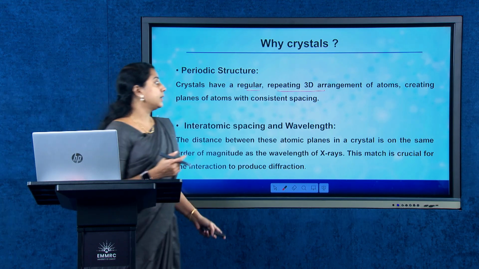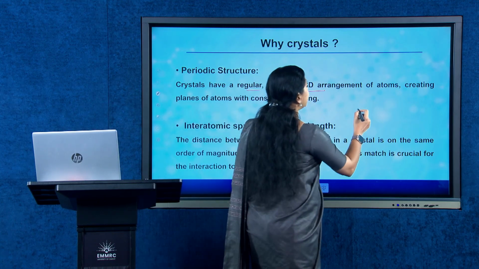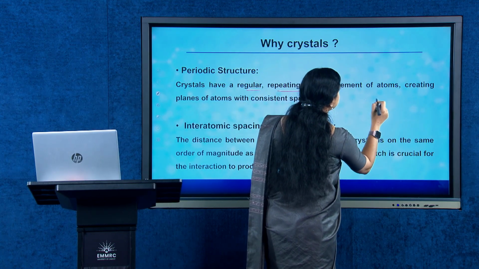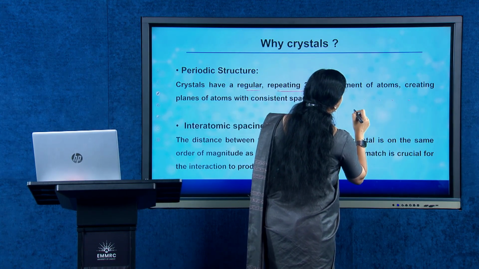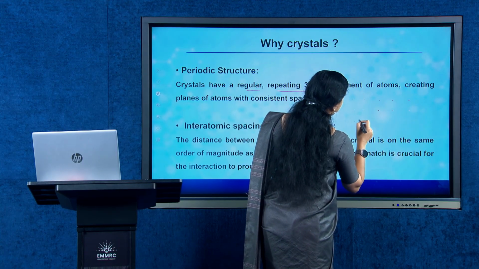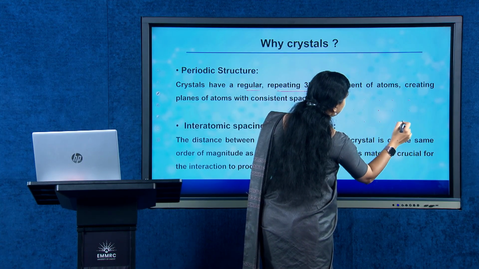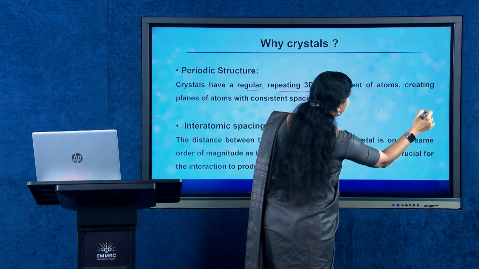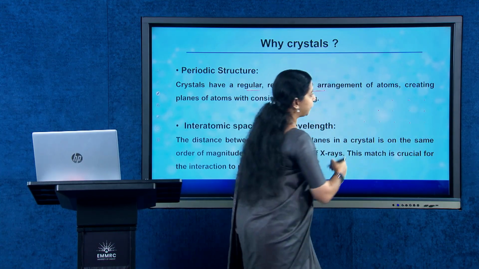We know that the atoms are placed at specific points called the lattice points, and they are arranged in a periodical array of points or in a specific geometrical pattern.